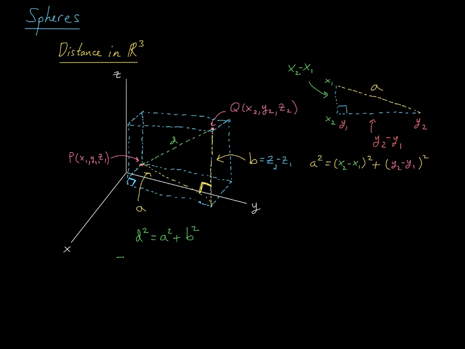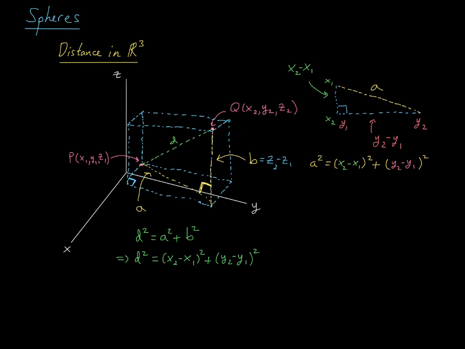If I open this up a little bit, what's A squared? It's just the sum of the squares of the differences in our x coordinates and then our y coordinates.